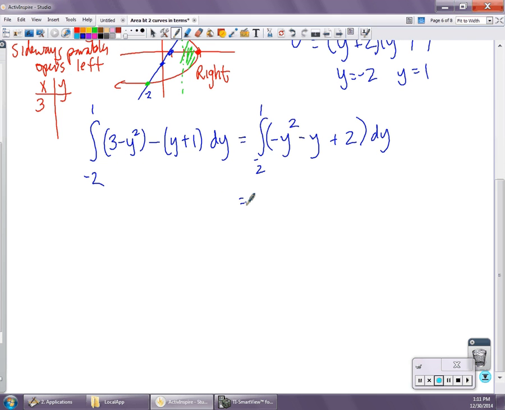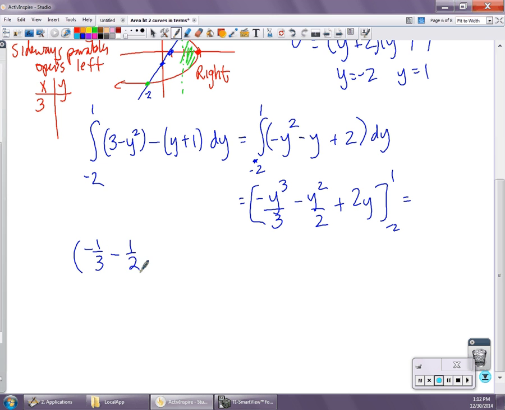When I find the antiderivative, I'll get negative y cubed over 3 minus y squared over 2 plus 2y, evaluated from negative 2, be careful with my writing here, to 1. Alright, so I'm substituting 1 into the expression, so I get negative 1/3 minus 1/2 plus 2.